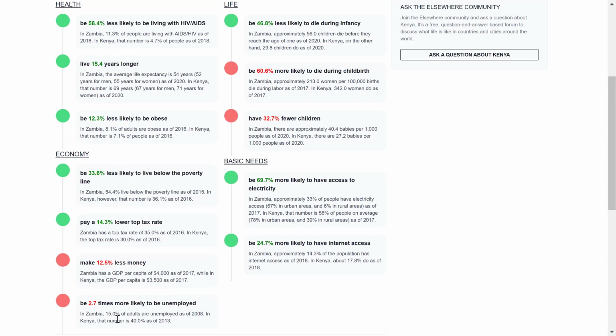On this one, I really do wonder. It says that more Kenyans are unemployed than Zambians, but stats on employment are really difficult and tricky. I personally don't believe these stats. And then again here on the GDP, sometimes GDP is a very arbitrary measure of wealth.